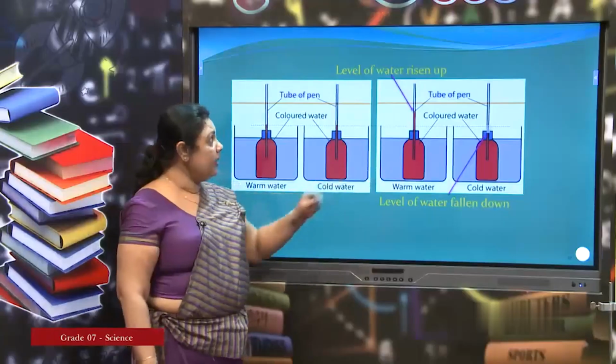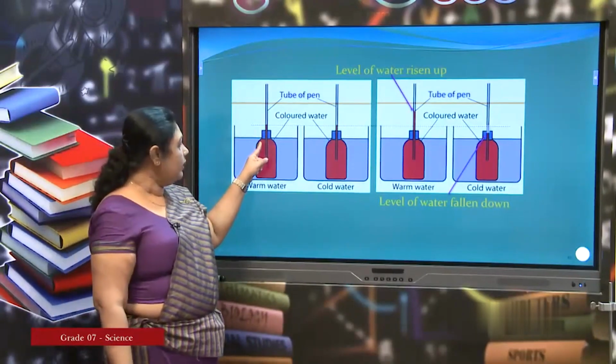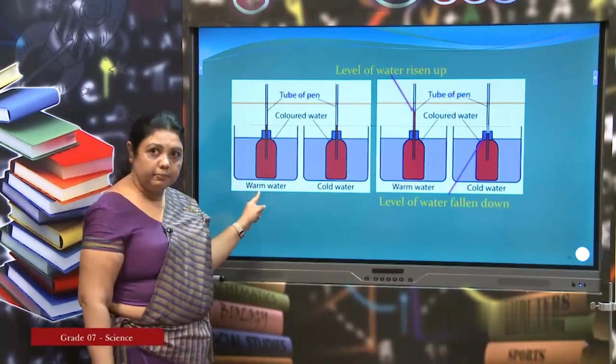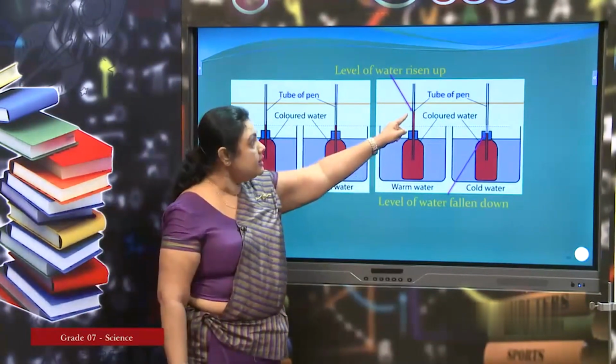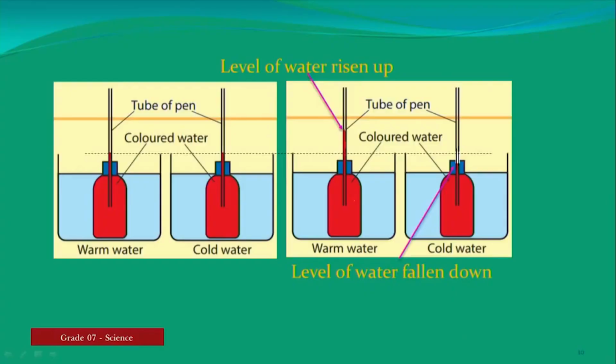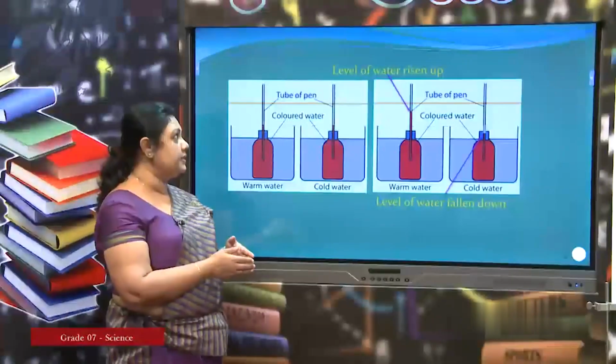Look at this first bottle which was kept in warm water. What has happened to the colored level? It has increased. At the same time, the tube in the bottle which is kept in the cold water has decreased. Now, you can see the observation very clearly.